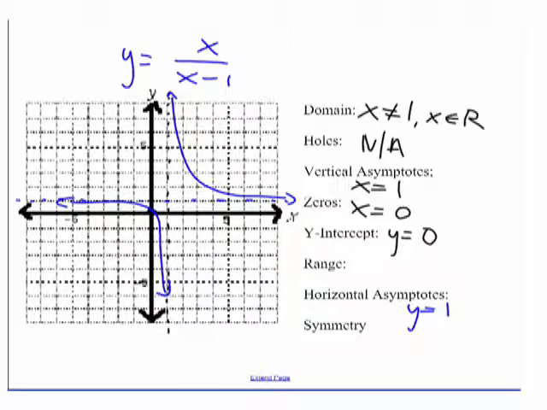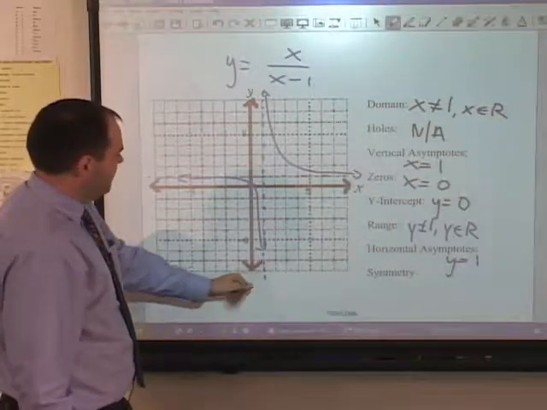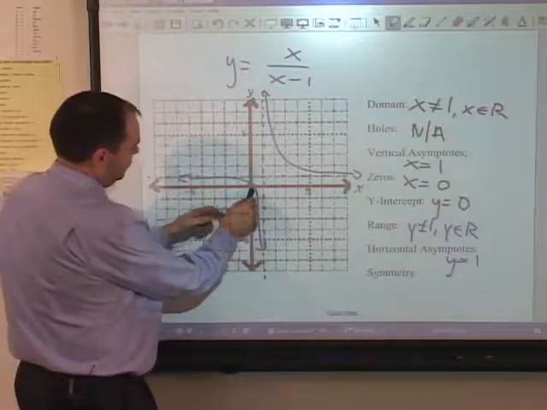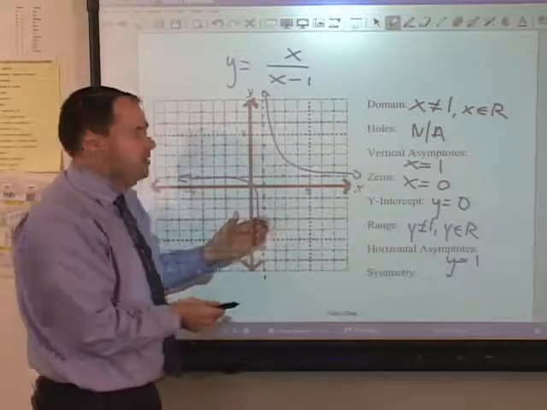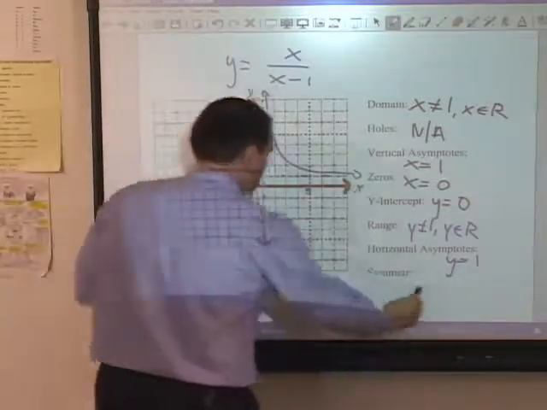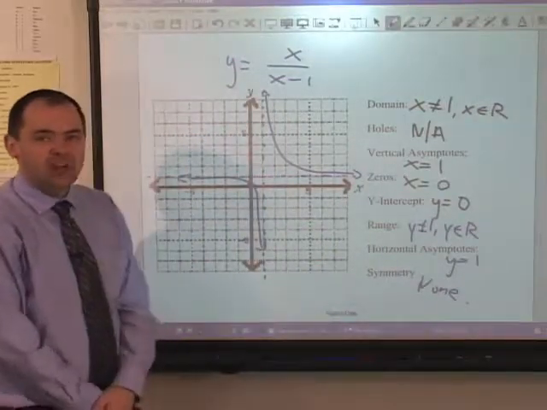So y can't be 1, but it can be anything else. There doesn't seem to be line symmetry, and there doesn't seem to be point symmetry about the origin. There might be point symmetry around here, but all we would ask you to look for is the point symmetry around the origin, which doesn't exist. None. Best wishes with rational functions.